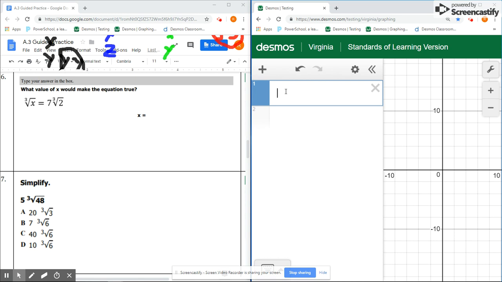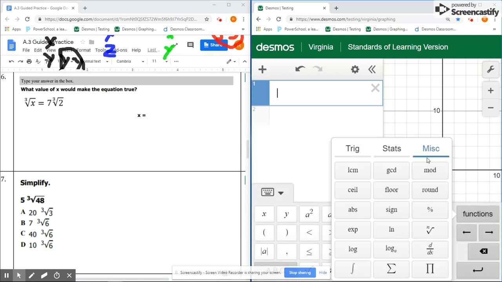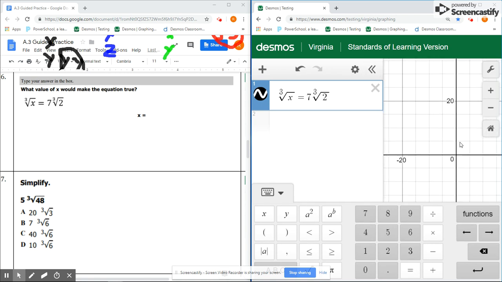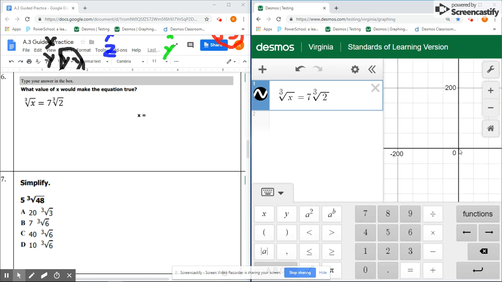I'm going to try cube root. Let me get the cube root up. Let's go cube root of x equals 7 cube root of 2. All right, and is that going to give me a graph? No, it's not going to give me a graph.